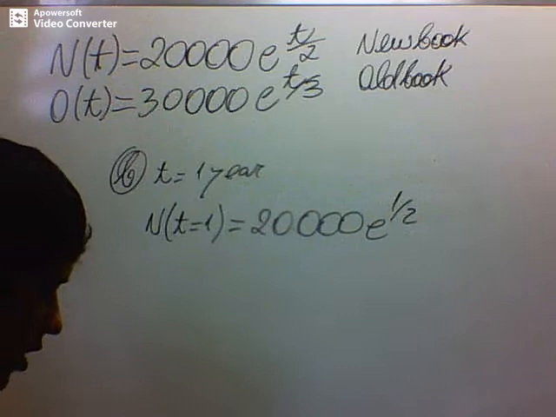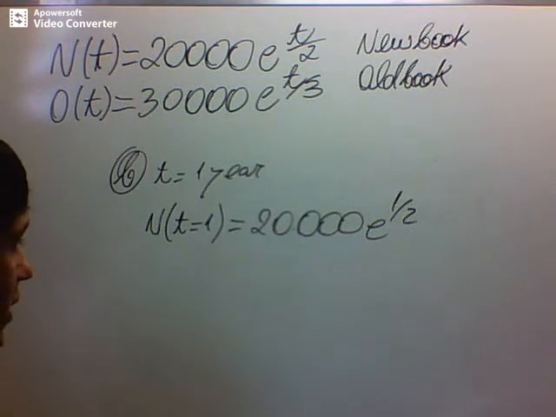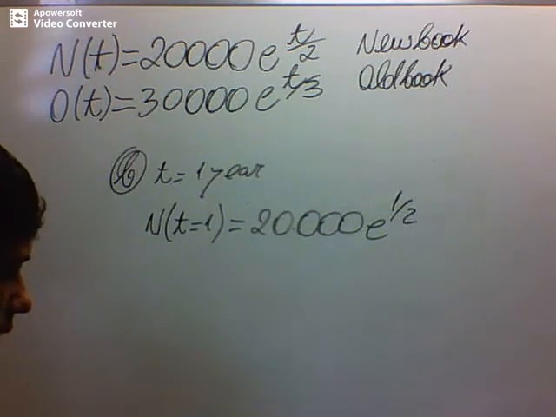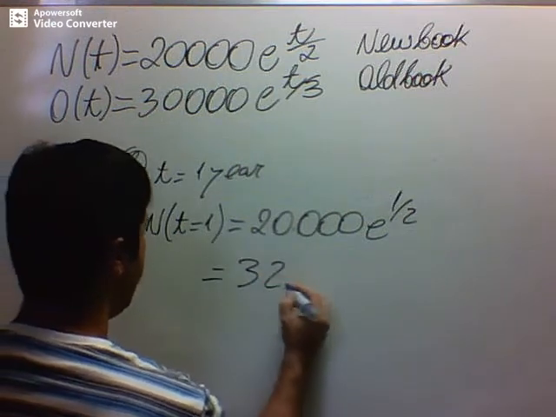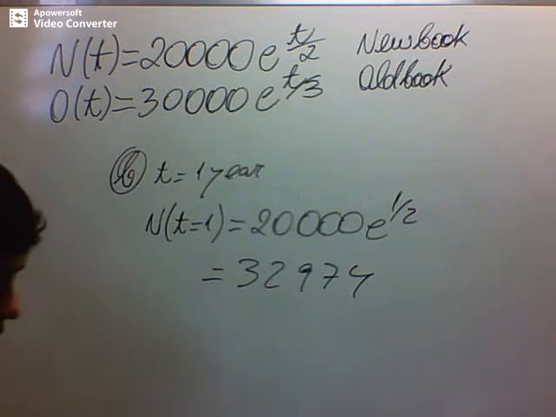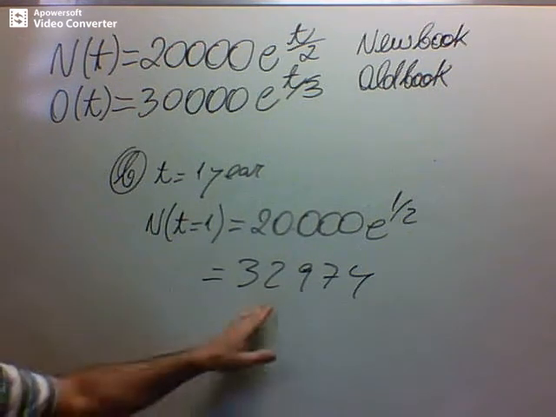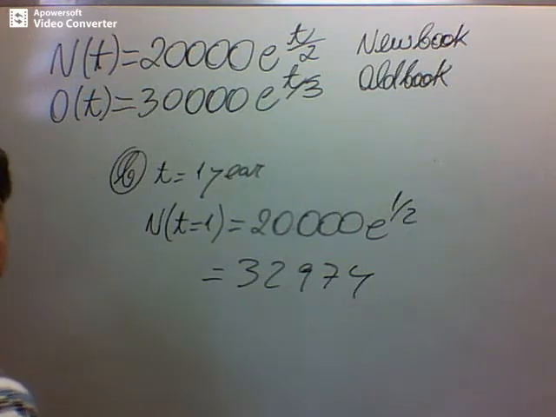It's e to the power of 0.5 times 20,000, and this value is 32,974 users. After 1 year of its beginning, the social media platform is going to have 32,974 users.